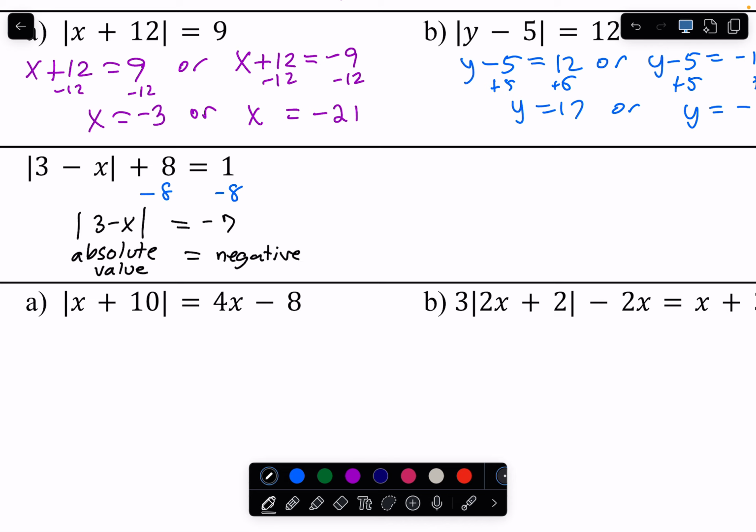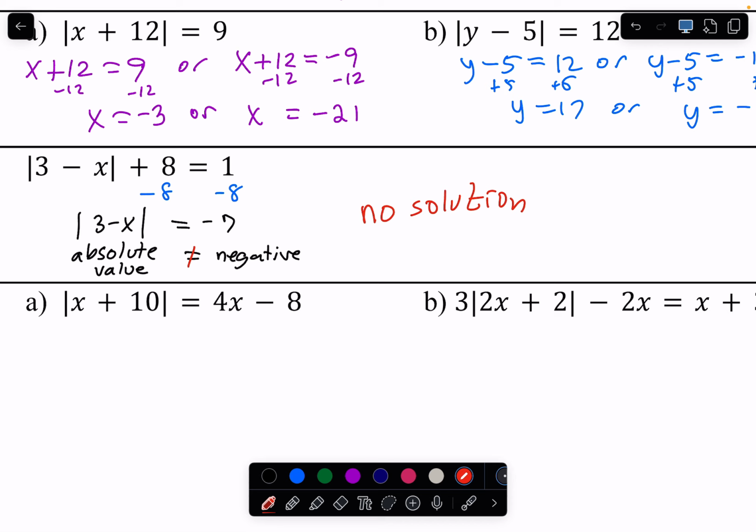Does the absolute value equal a negative? No. So what's great about this case, one, you have to be aware of it and look for it. But if you get that the absolute value is equal to a negative, you can say no solution. There is no x we can plug in there to ever get us a negative number.